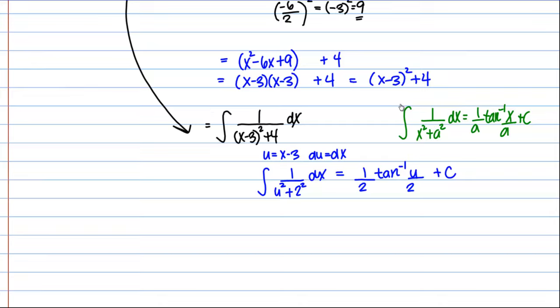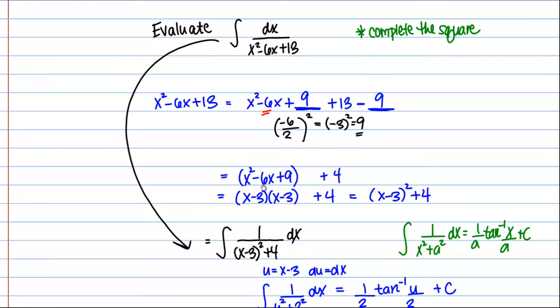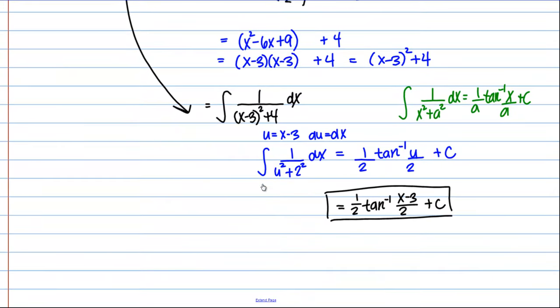And then, of course, I want to put back in my u, so this becomes 1/2 inverse tangent of x minus 3 over 2 plus c. All right, so in this case, completing the square put this in a form that we knew how to take the antiderivative of.